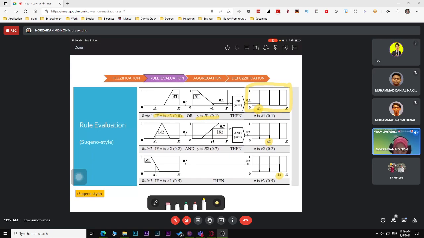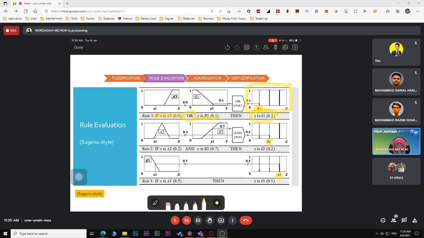Okay, sebab connector dia OR, kita guna max. Okay, min max kita kata OR guna max. So 0 dengan 0.1, maximum value is 0.1. When you get the 0.1, 0.1 will be applied to Z as K1. K1 times 0.1. Nanti kita dapat value dia.